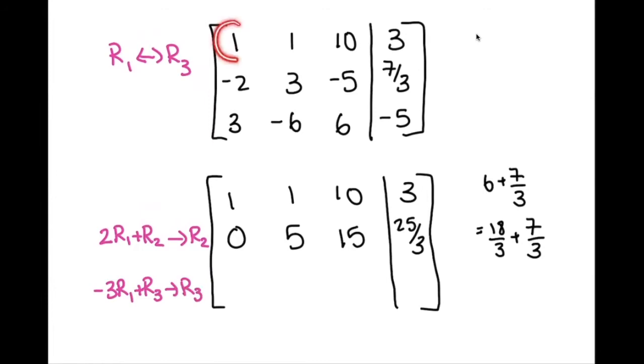Okay, now 1 times -3 is -3 plus 3 gives me 0. 1 times -3 is -3 plus a -6, I get -9. -3 times 10 is -30, added to the 6 to get -24. -9 minus 5 gives me -14.